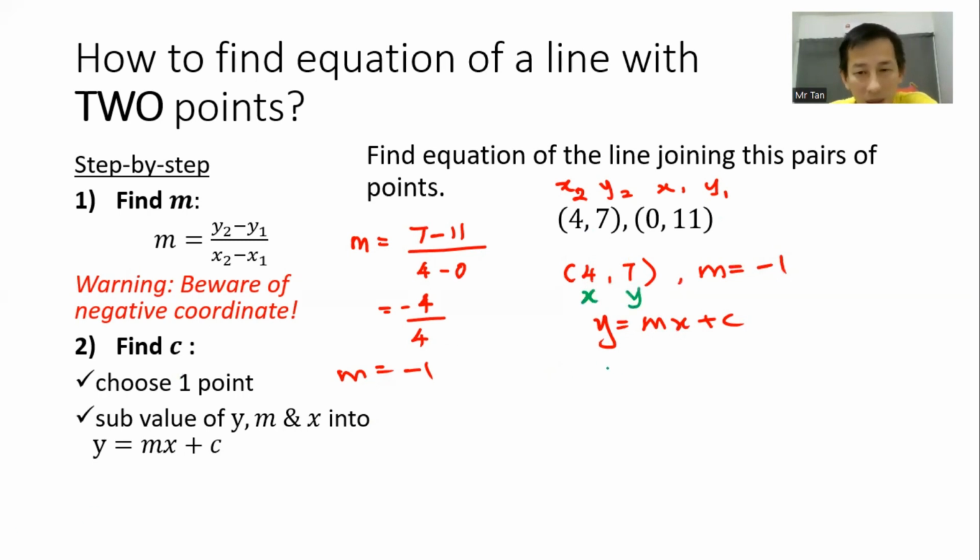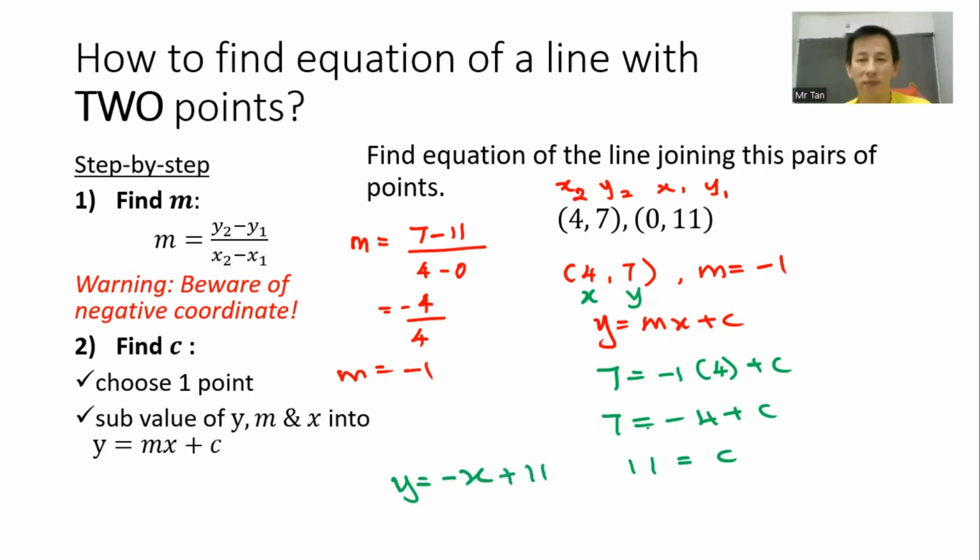So you will get 7 = (-1)(4) + c. You solve for this, you get 7 = -4 + c. Therefore, your c should equal 11. And your equation will be y = -1x, or -x + 11.